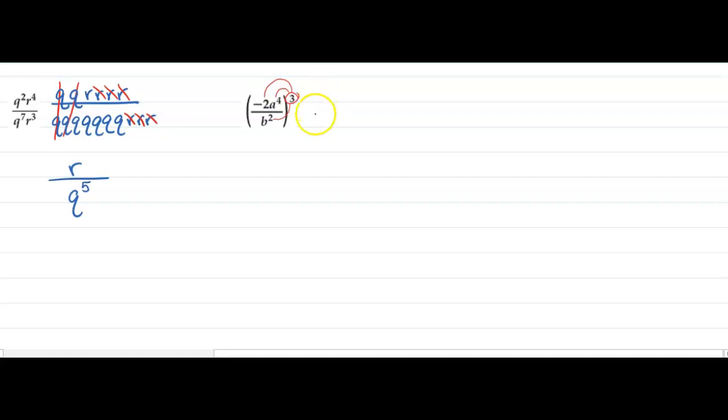So what I end up actually having is negative 2, put it in parentheses, to the 3rd, a to the 4th to the 3rd over b squared to the 3rd. I've taken that exponent on the outside and applied it to each base.